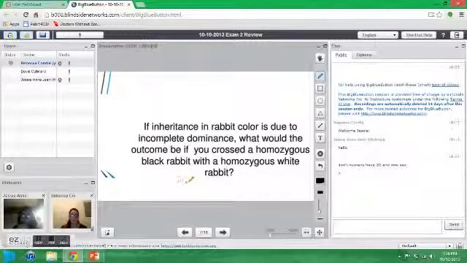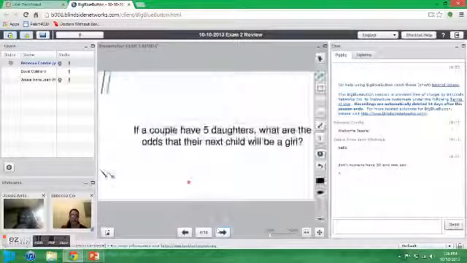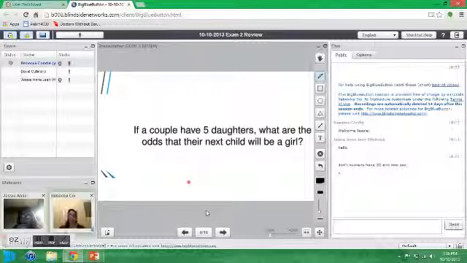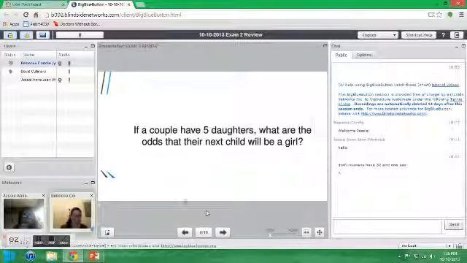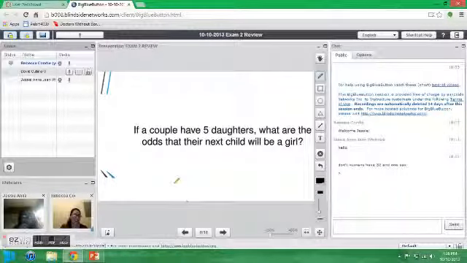An in-between color. Yep, so incomplete is in between. Then with codominance, you have both there, whether that's spotting or patches, whatever that may be.